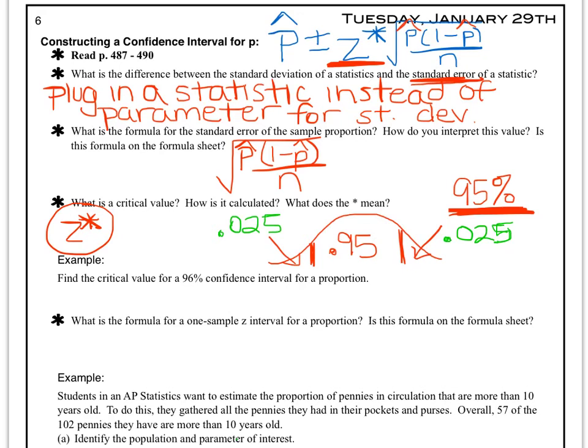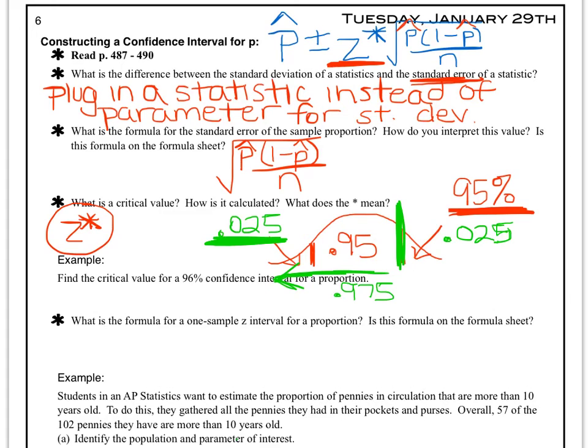The way that I can find my critical value is to either use Table A, and I'm going to look inside the body of Table A for a percentage that is close to 0.025. Okay? My other option is that I could look for this Z-score right here, in which case all of this area would be 0.975.